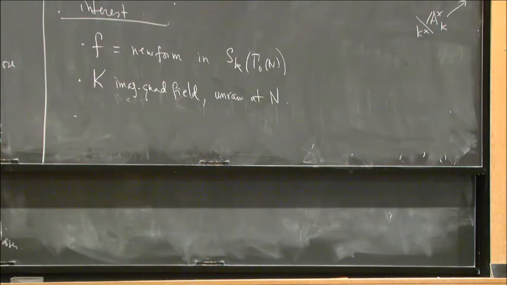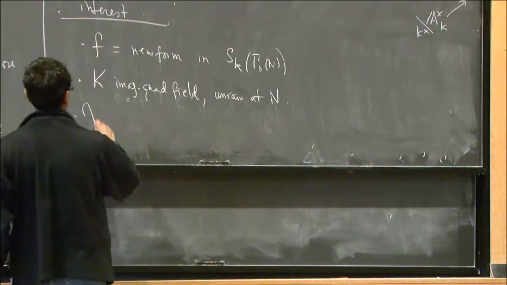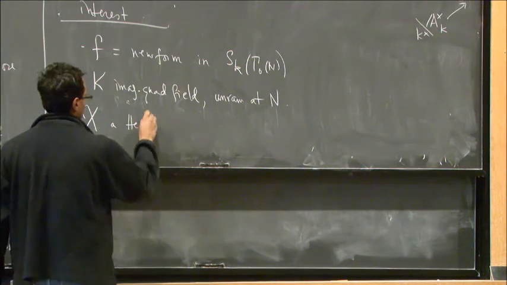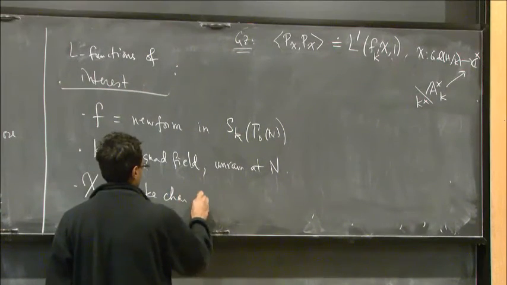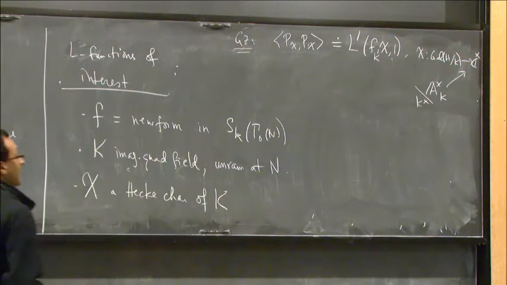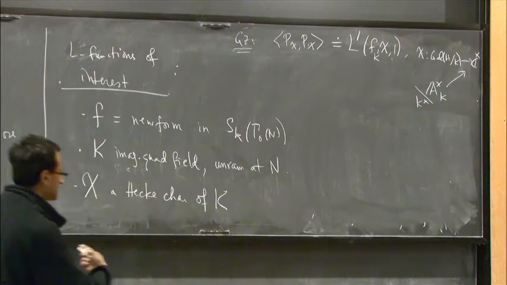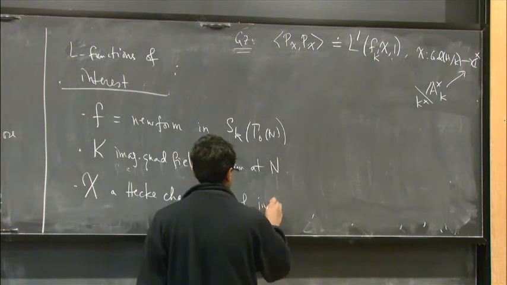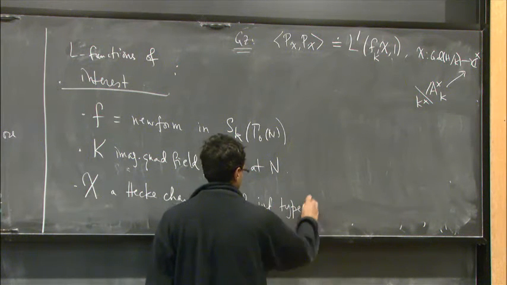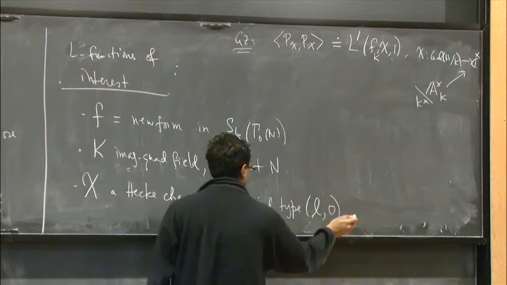And now I'll take chi to be a Hecke character of K. And this may be infinite order, so I want it to be algebraic, so I'll just say it has infinity type L0. Okay.